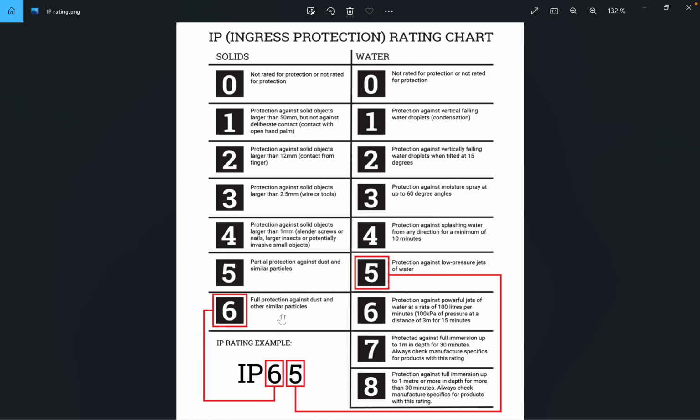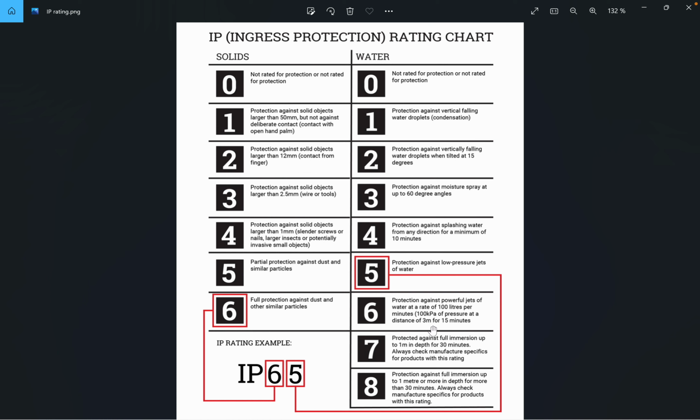Moving back to our chart with the IP ratings, we have a full protection against dust and other similar particles, which in a warehouse definitely we have a lot of, and also the height of a warehouse being 8 to 12 meters, it's very difficult to do the maintenance, and therefore it makes sense to use a luminaire which has an IP fully protecting against that dust, and therefore you also avoid reducing the luminous flux over the lifetime of the product. And there we will move to the water side.